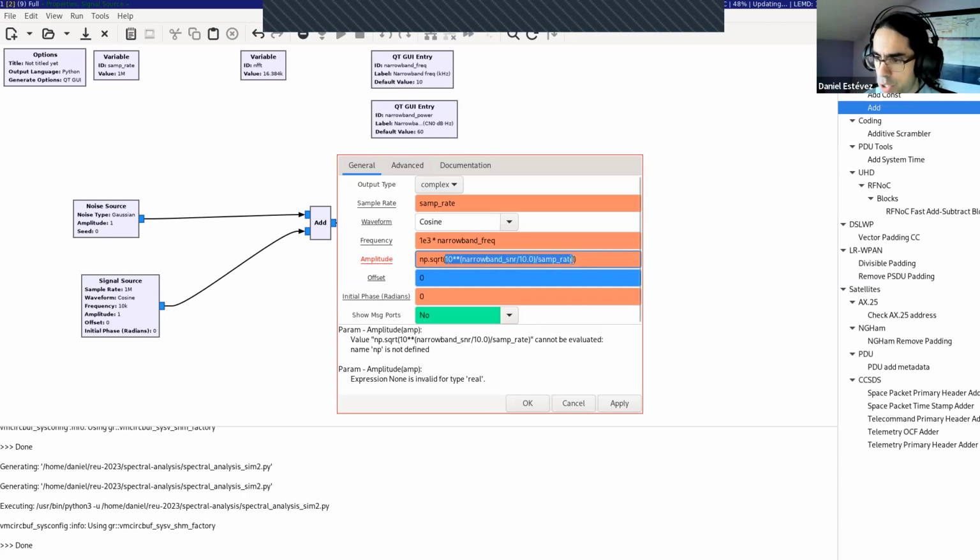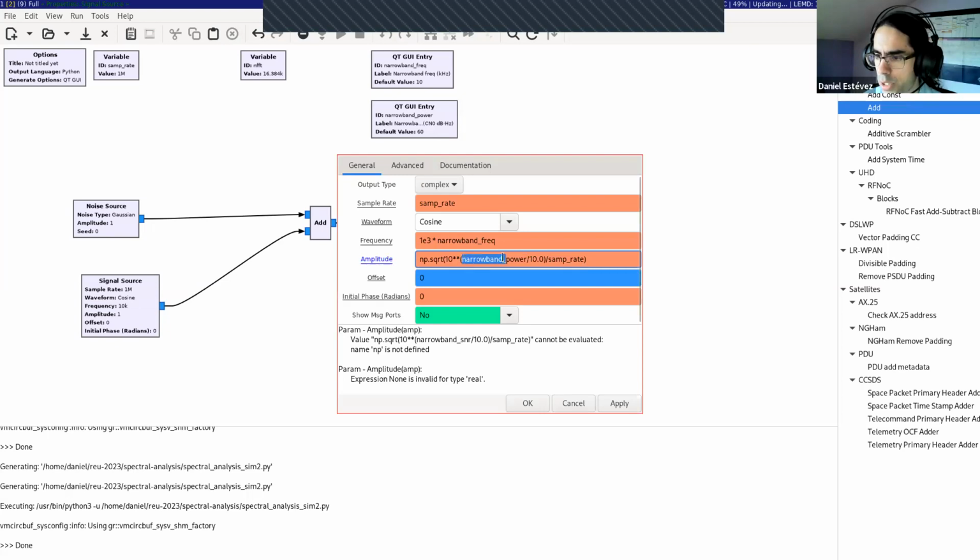Then the expression inside is computing power. And the way we compute power in this case is as follows. We have the narrowband power. I have called this narrowband power. But this is in dB units.